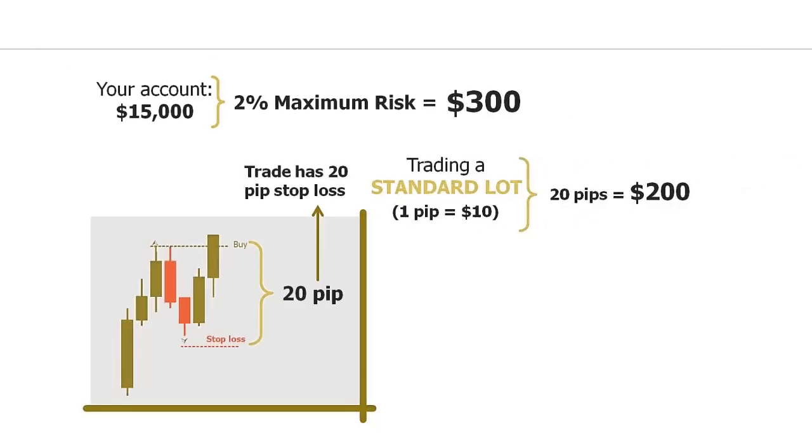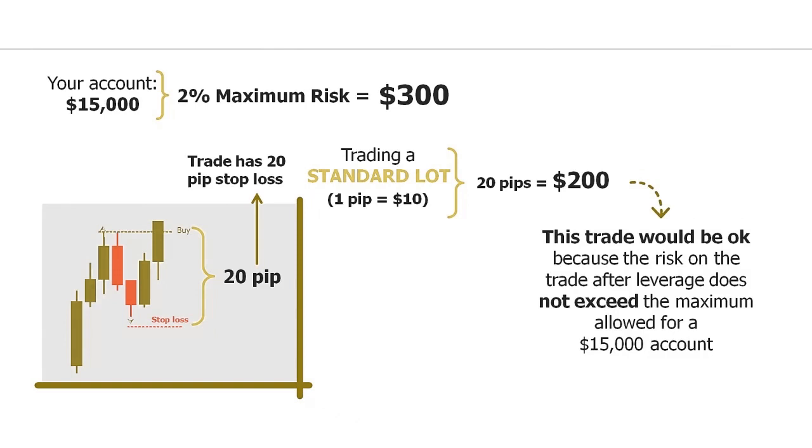If the trade has a 20 pip stop loss, then the total risk for the trade is $200. This means that we can actually trade a standard amount. Because the total risk after leverage has been applied is less than the maximum risk allowed for this account, we can trade a standard lot for a trade that has a 20 pip stop loss with a $15,000 account.